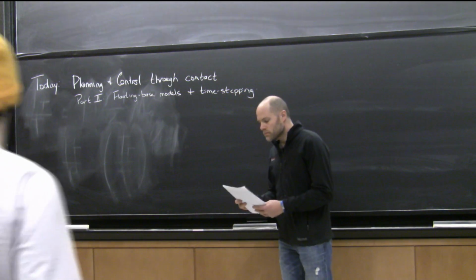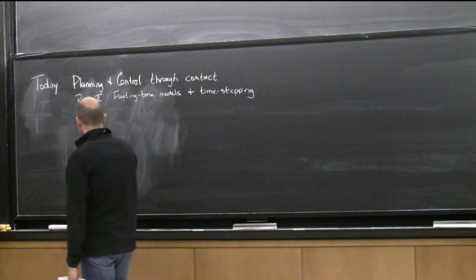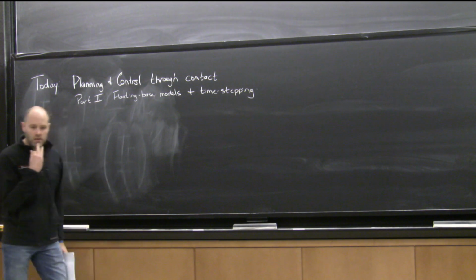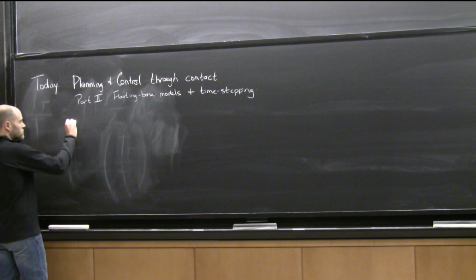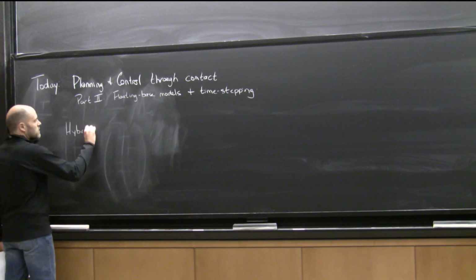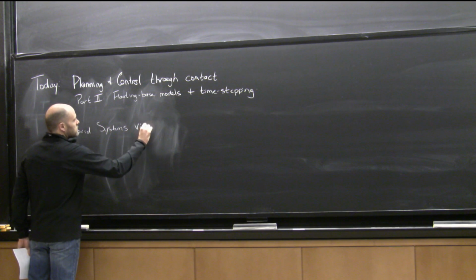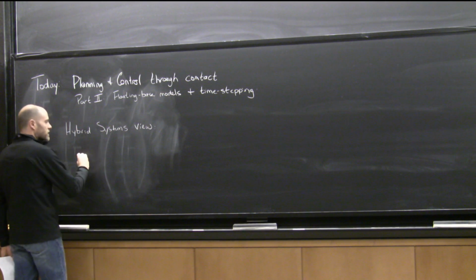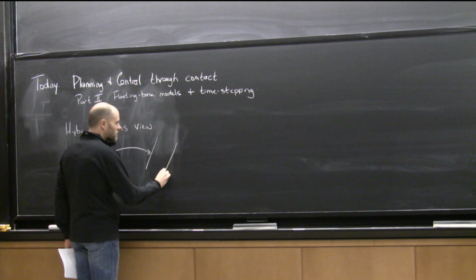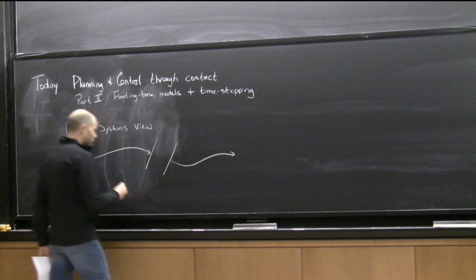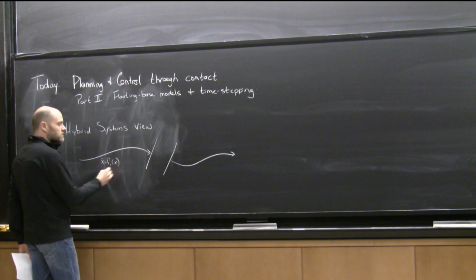So the last few lectures, we've been introducing and using pretty heavily this hybrid systems view of the world, right? And the picture I tried to give you last time that I think is the right way to think about the hybrid systems models is that you have x dot is f1(x) here. Maybe it's got a control.